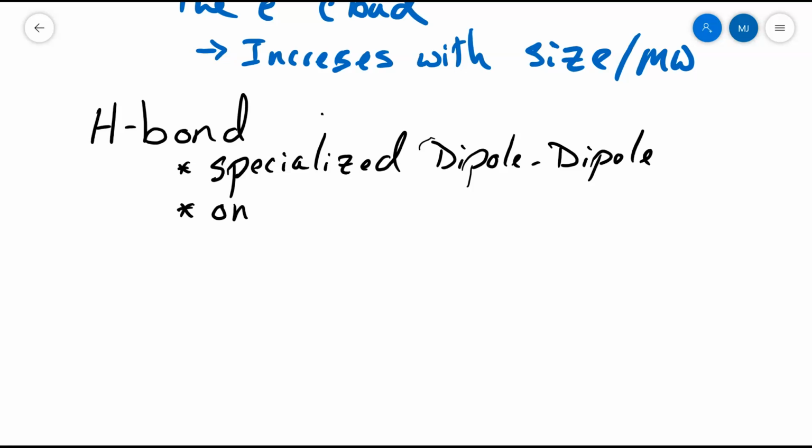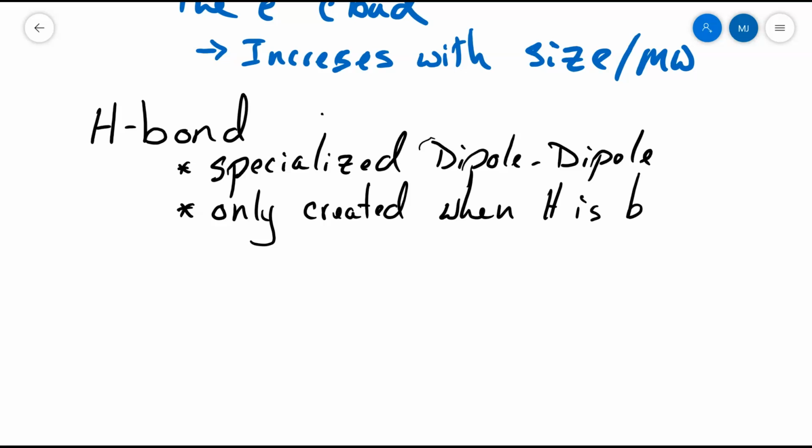It is only created when hydrogen is bonded to nitrogen, oxygen, or fluorine.